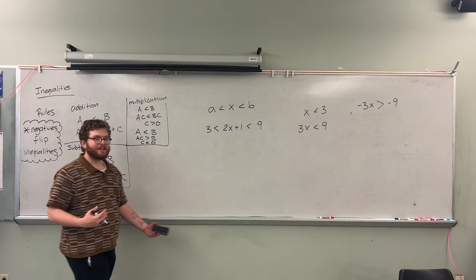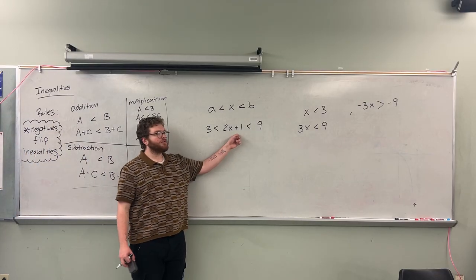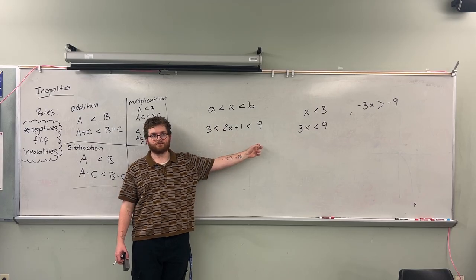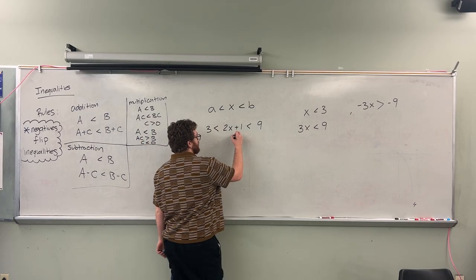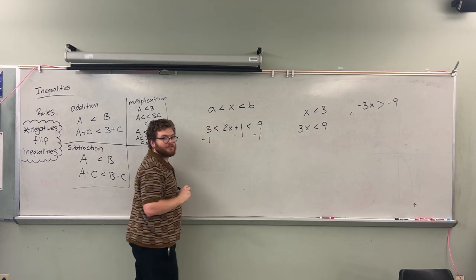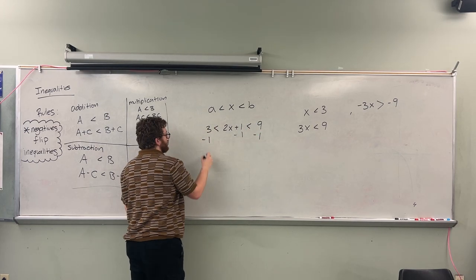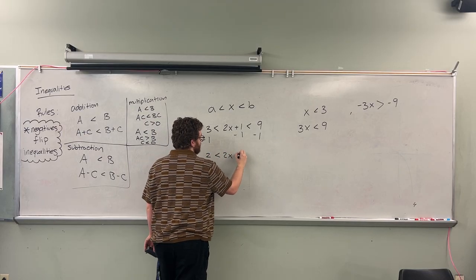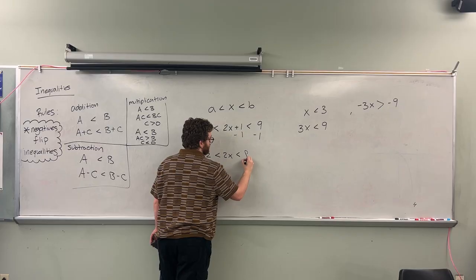So I just treat it like an equation, but now what I do to any part, I have to do to all 3 parts. So if I subtract 1 in the middle, I have to subtract 1 from the left and from the right. 3 minus 1 is 2, less than 2x, less than 8.